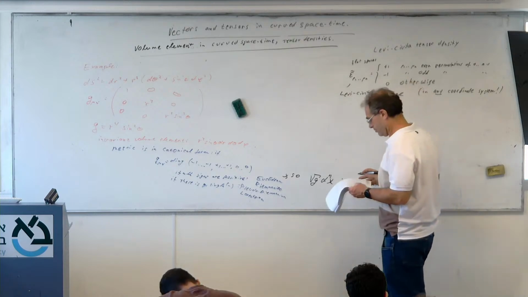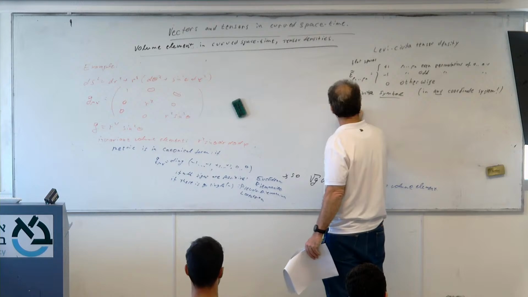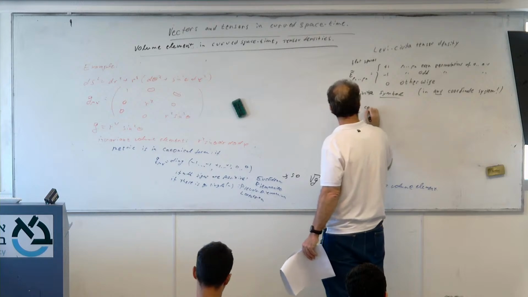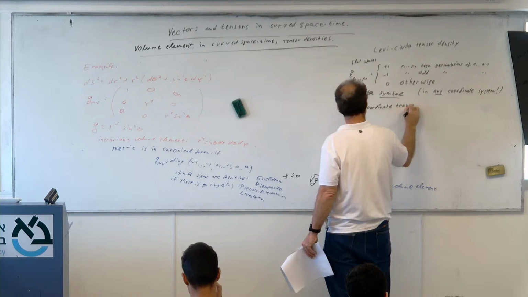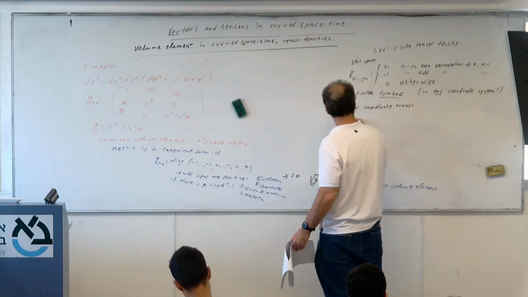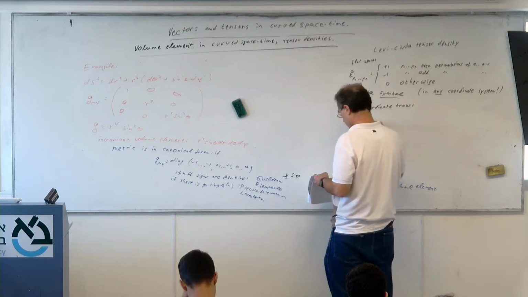So if you're switching coordinates, under a coordinate transformation, this becomes epsilon tilde of mu1 prime to mu n prime.